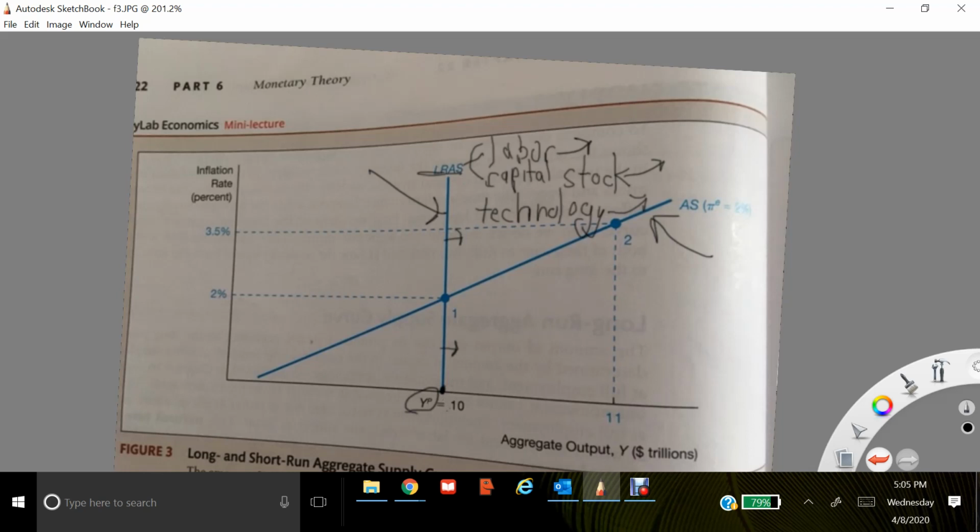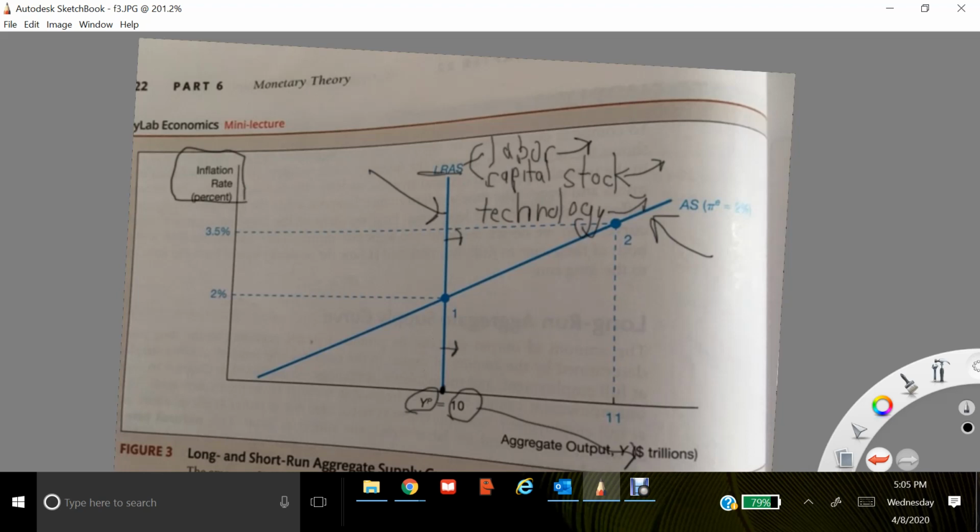Okay, so when this book was written, you can see how old, not this edition, it's not that old, but the book was written when potential output was $10 trillion. Now it's 20 or 22 trillion, okay? And it's a vertical line because potential output does not depend on inflation.